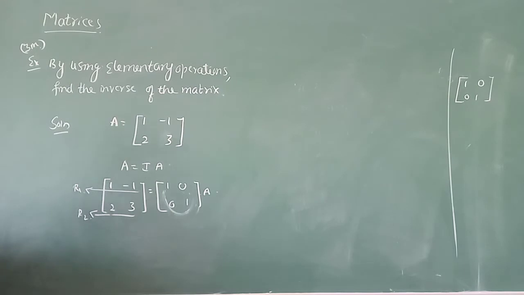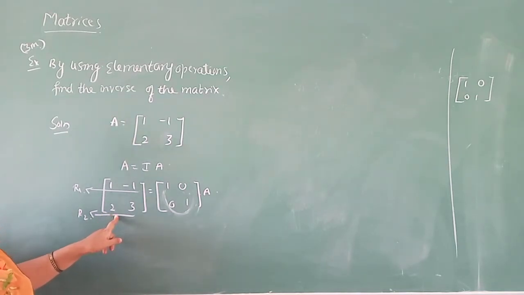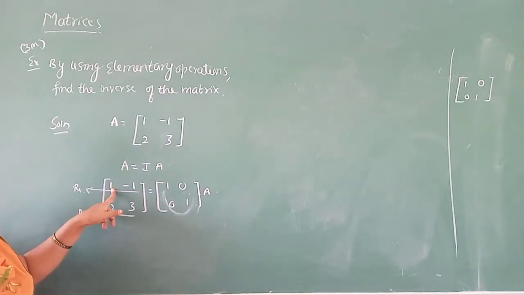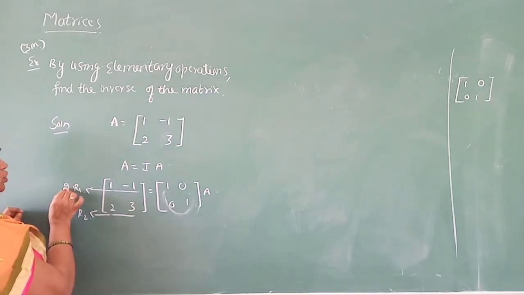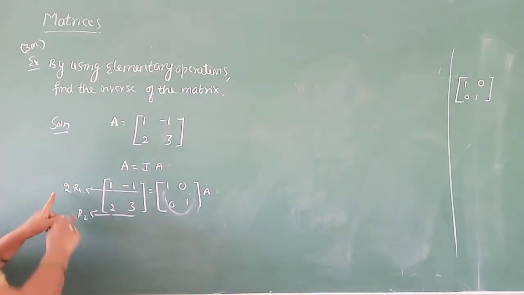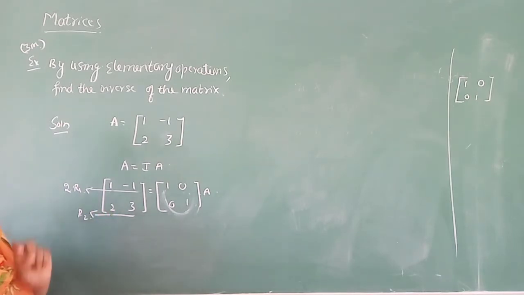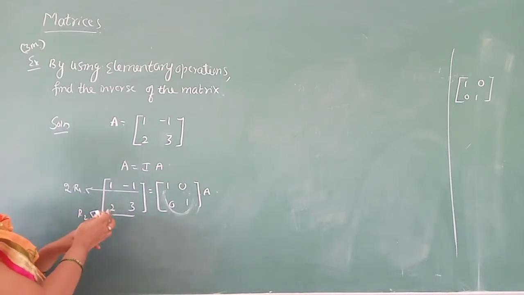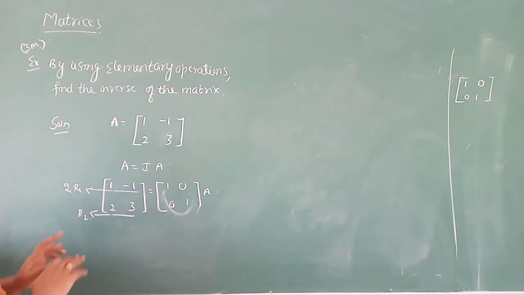See, 2 is there. We are doing the operation, please concentrate. Here also I will multiply by 2, so that this is also 2, this is also 2. But I want 0 here. What can I do? If I subtract, 2 minus 2 gives 0, and 3 minus 2 gives... Everything we do is in R2, because the R2 row changes.